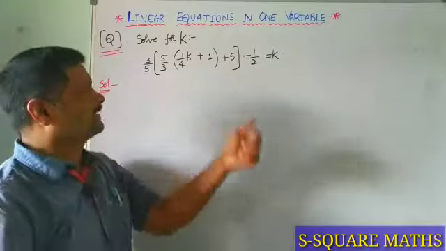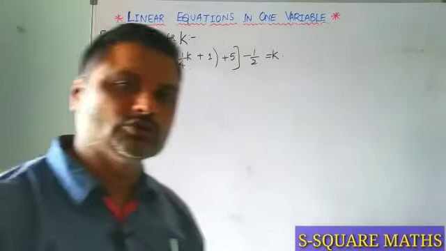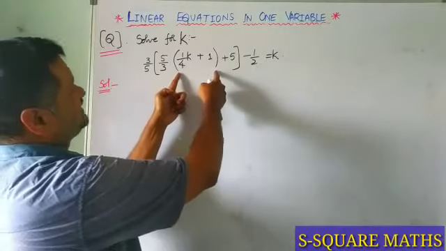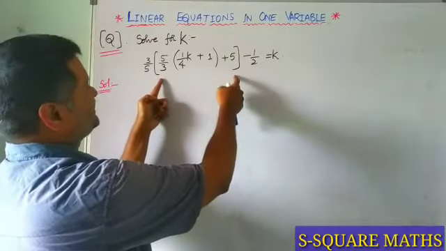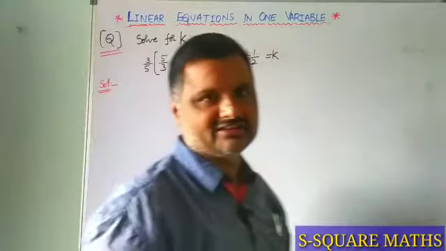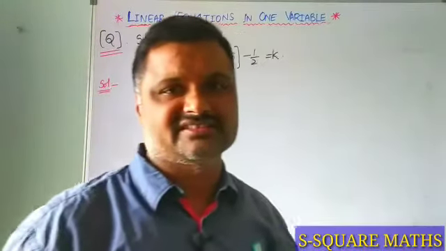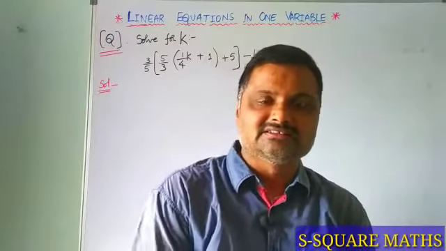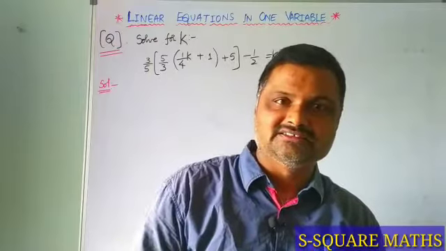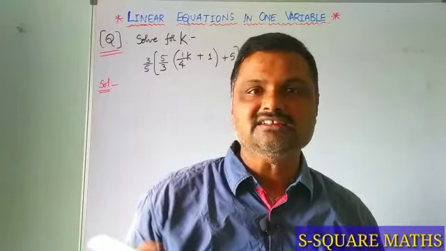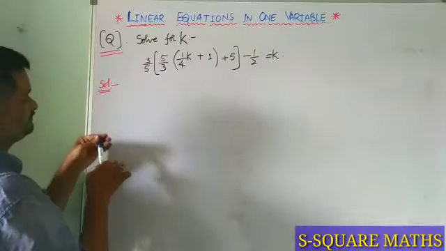Many of the students will go through the solution by taking the LCM, simplifying, again taking the LCM, getting the k value. That is the longest process. Even though you will get the solution, in the competitive spirit, the longest process is avoided and we go for a better way to get the answer quickly. Now let us start our problem.